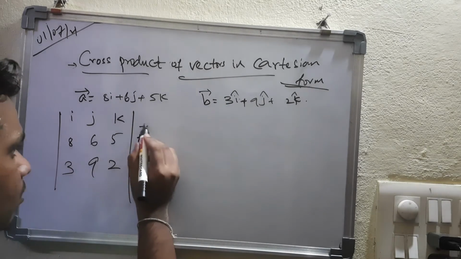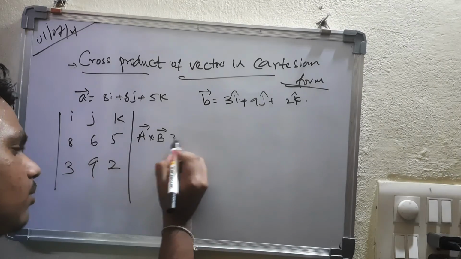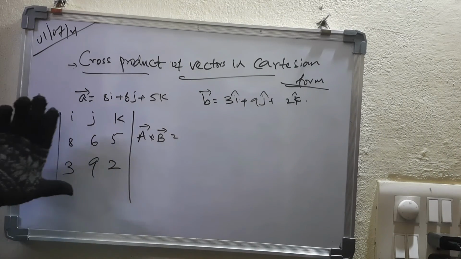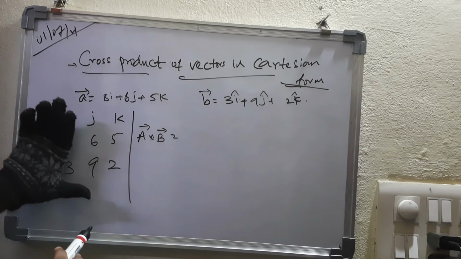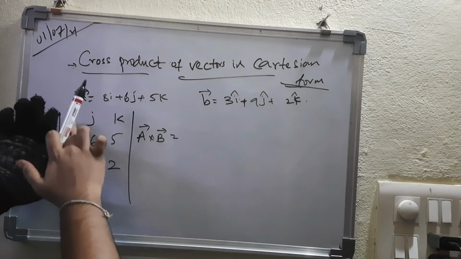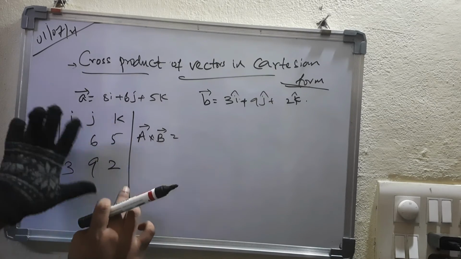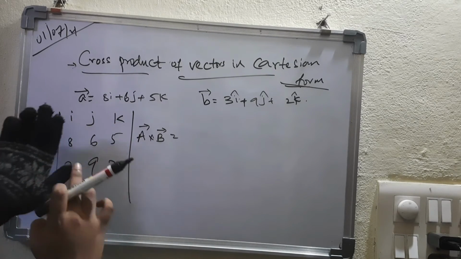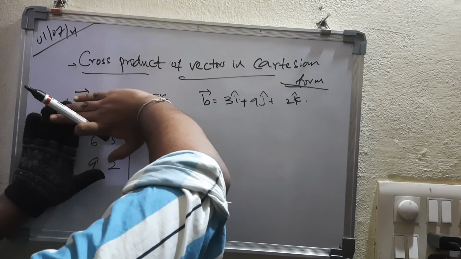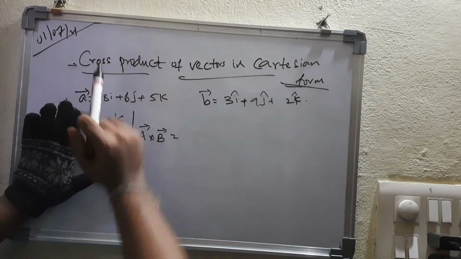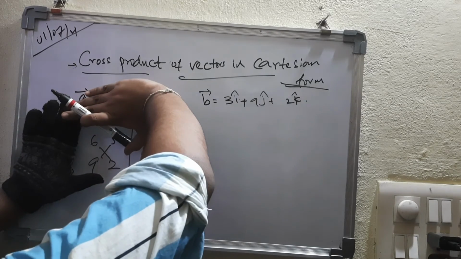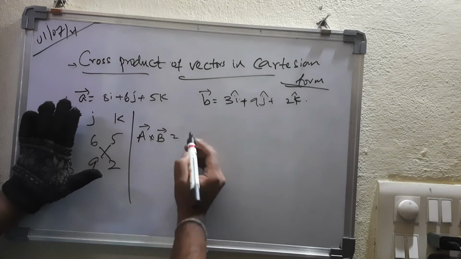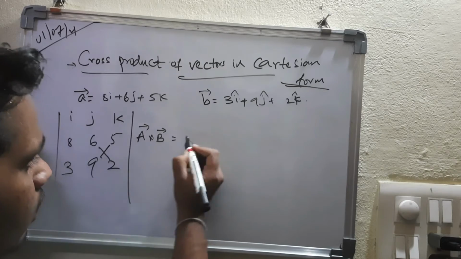Now A cross B becomes, for solving this one, for i, do what I say. Hide this one. We have to solve 3 rows. To solve the first row, hide this and hide this. Hide these 2 and multiply with this one and this one. Got it? Hide these 2. Write i cap first of all.